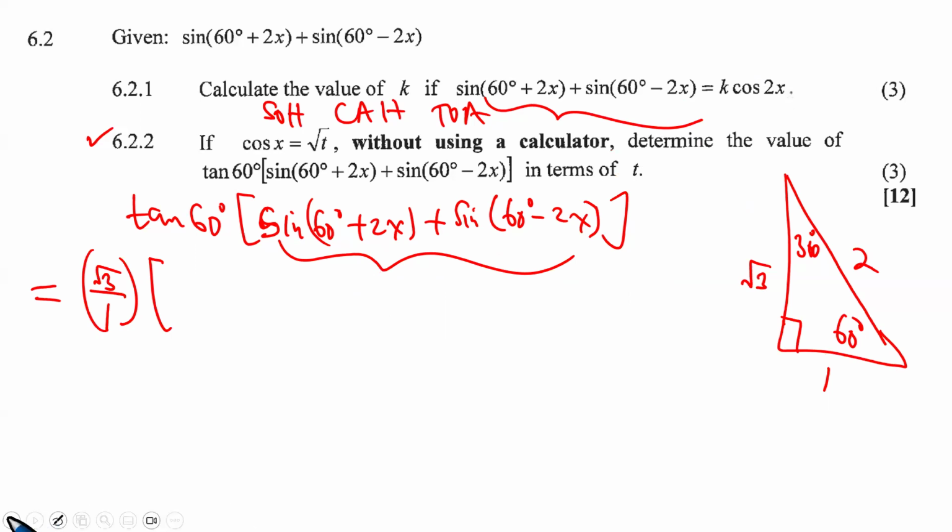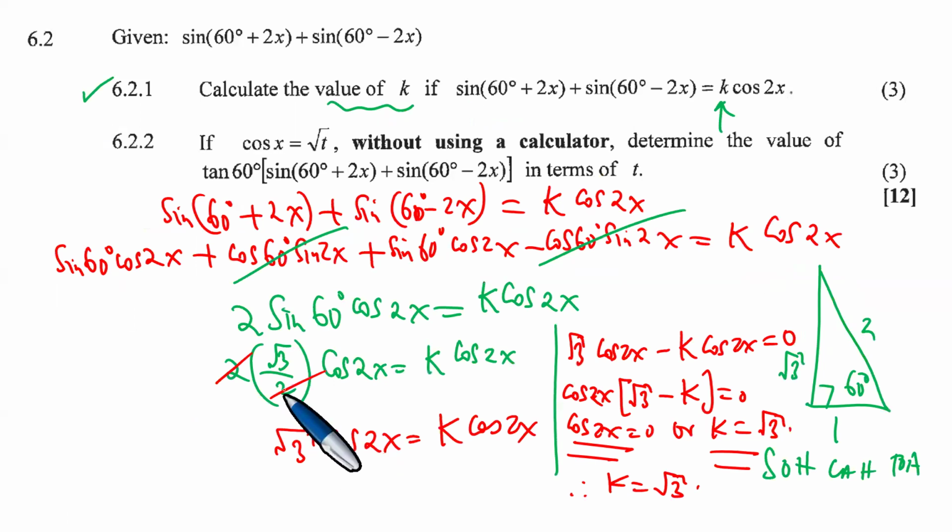Okay, we did it before. On the left of the equation, we worked it out and it came down to the square root of 3 times cosine 2x.